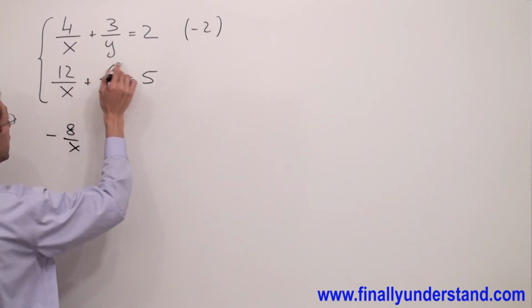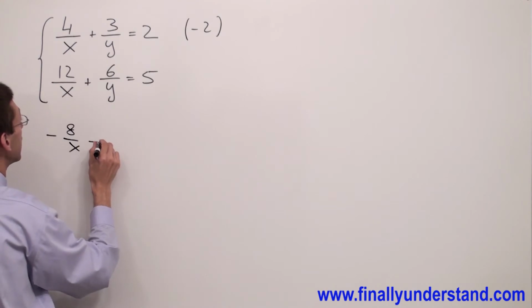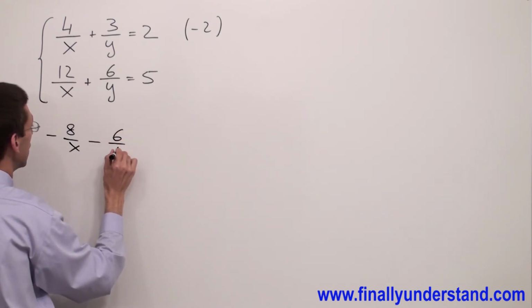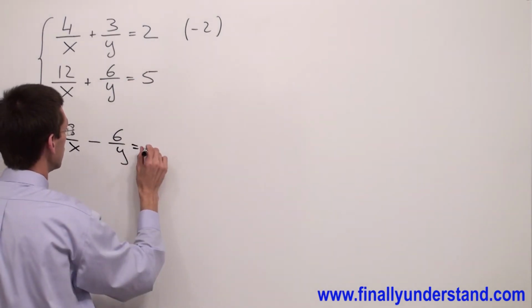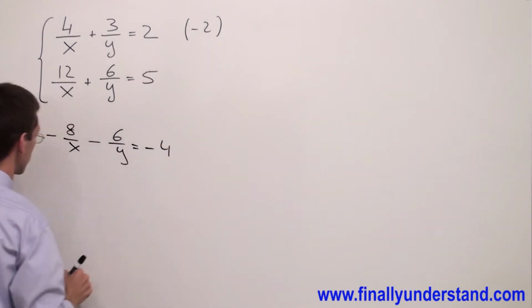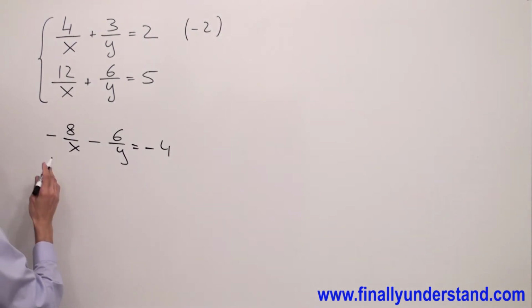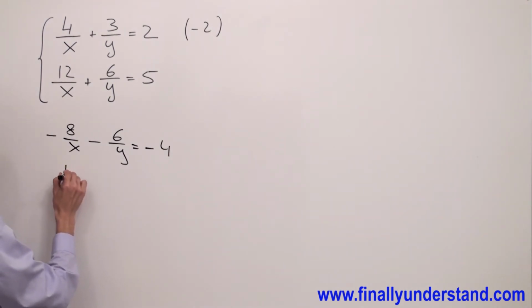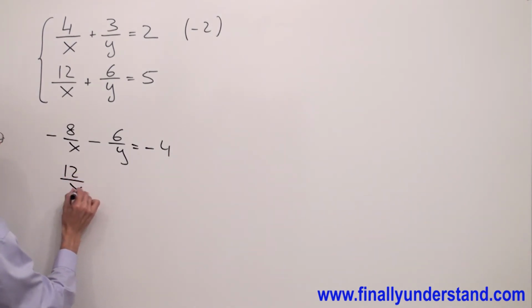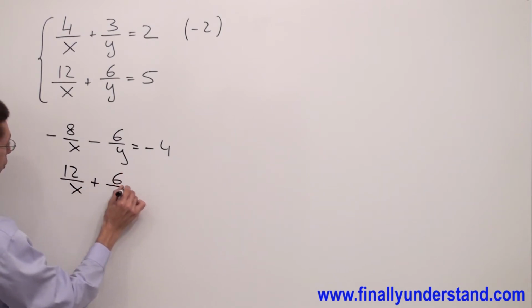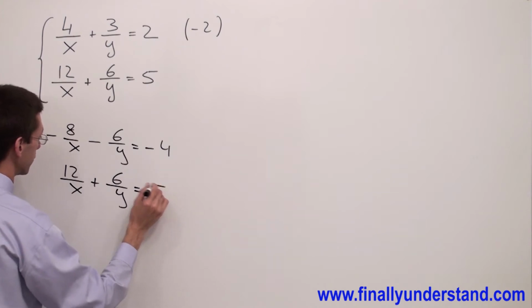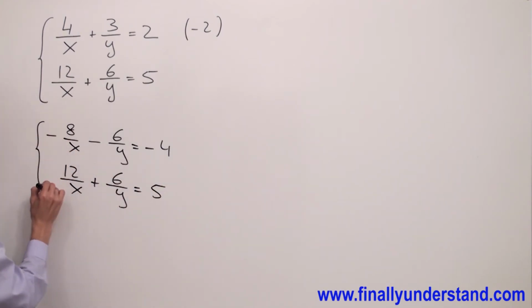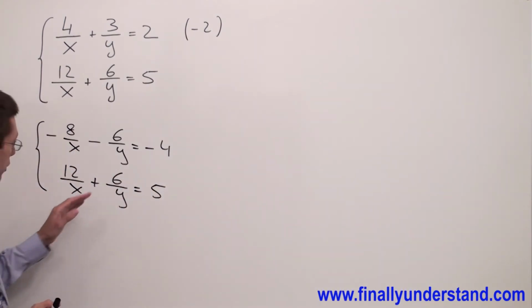Positive 3 over y times -2 is going to give me -6 over y, equals 2 times -2, which gives me -4. And I'm going to copy down the second equation, and I have 12 over x plus 6 over y equals 5.